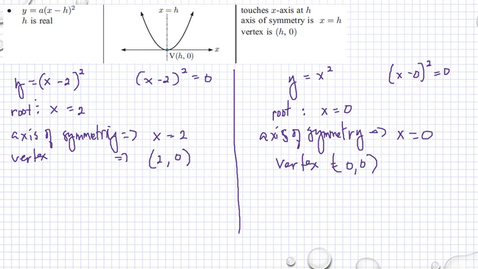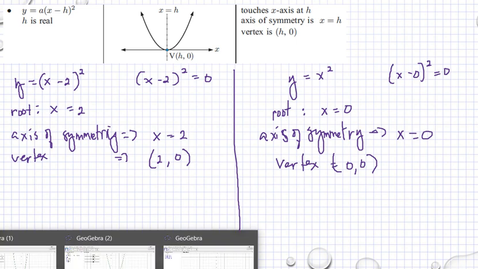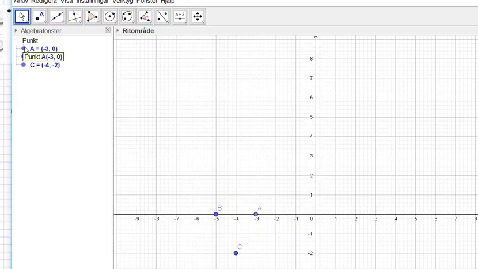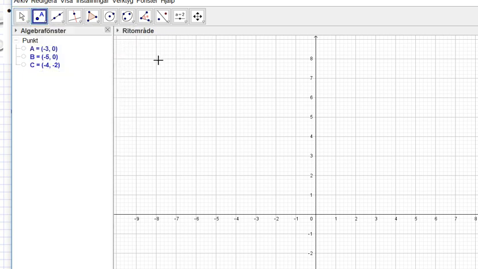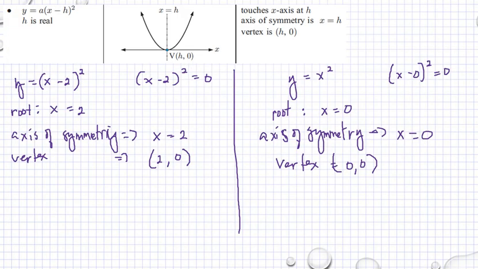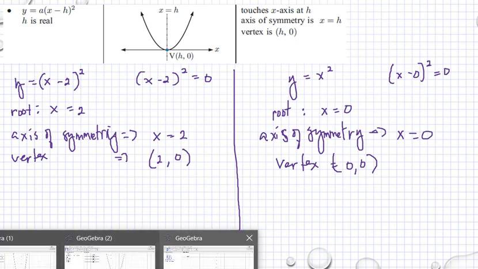So if I'm going to put this in a coordinate plane, I will remove all of those, and then I will put the first one, x minus 2. Sorry for that.